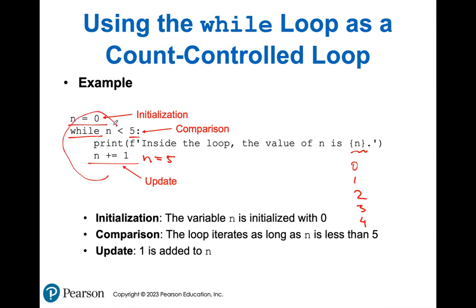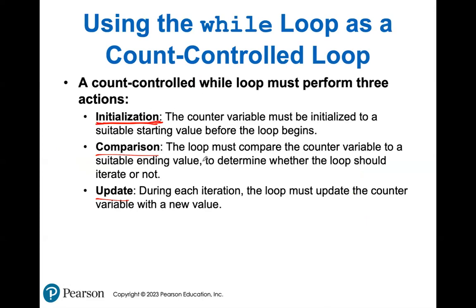And then when we come back and test our condition again, this condition will be false and our loop will stop executing, because n equals 5 is not less than 5, because our comparison right here is only strictly for n is less than 5, not n is less than or equal to 5. So our loop will stop iterating after it reaches 4.